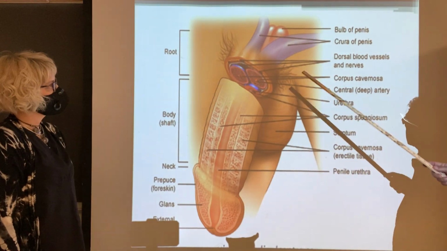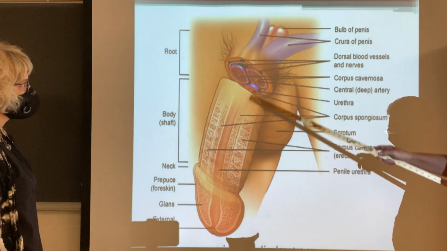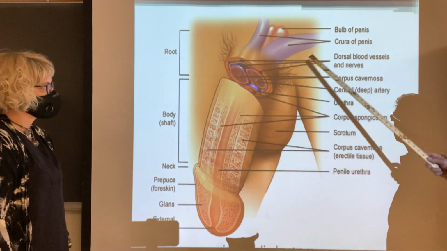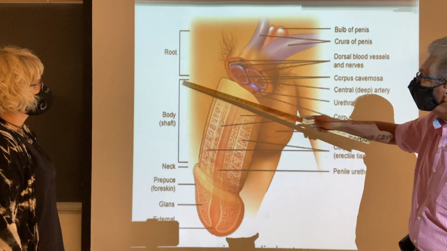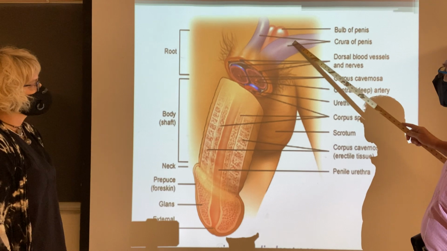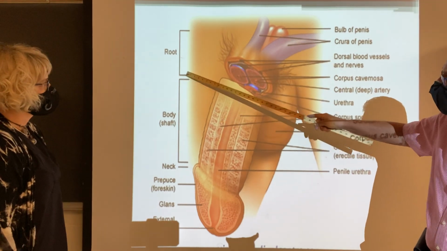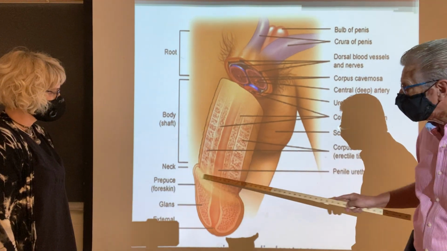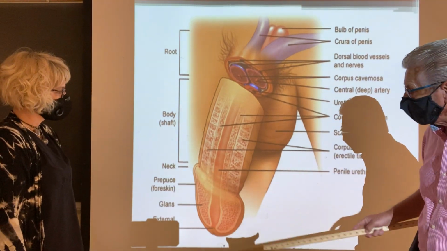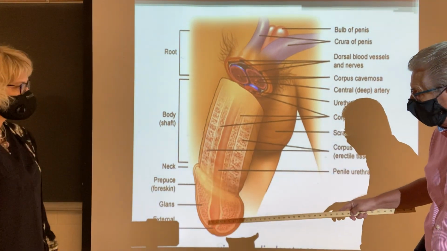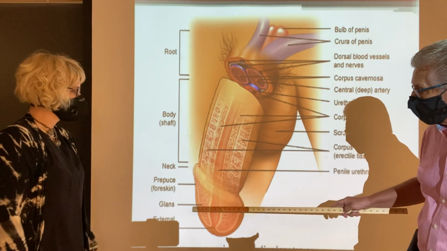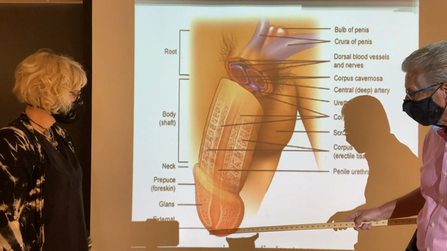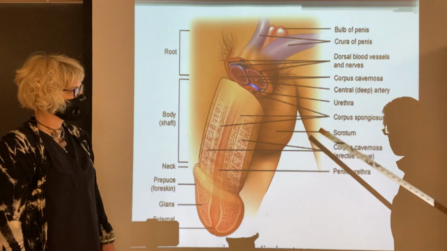Again, here we're looking at a sagittal view, as you can see. Here I have the root, where we anchor this to the body wall, the shaft itself, the neck, the prepuce, which is the foreskin. The glans penis is the bulbous end, and then the external urethral orifice.